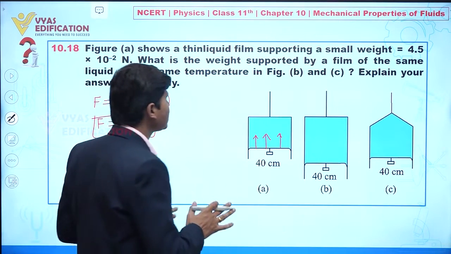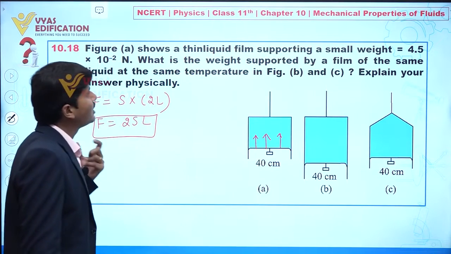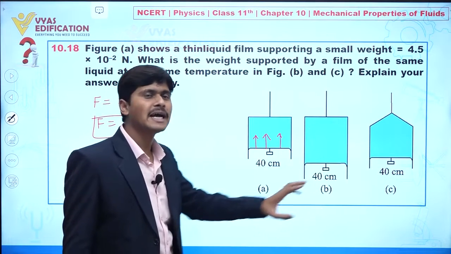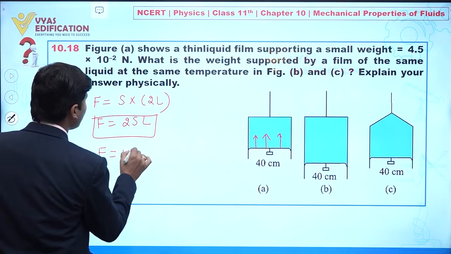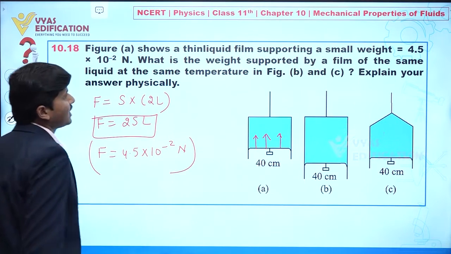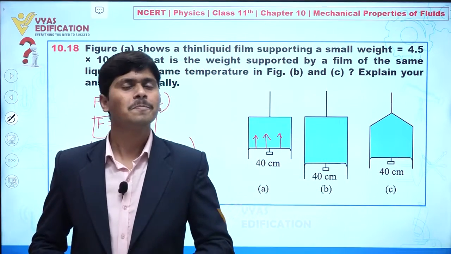It means for situations B and C we will get the same result. The weight supported by the film in cases B and C is the same, and that value will be equal to 4.5 into 10 to the power minus 2 Newton. Clear to you? Yes or no? So this is a very simple question. This is all about this question.